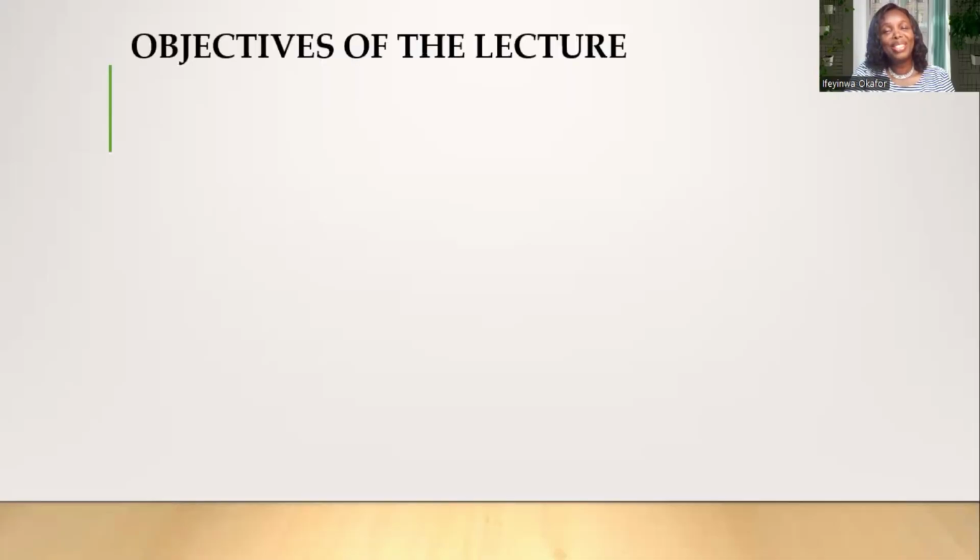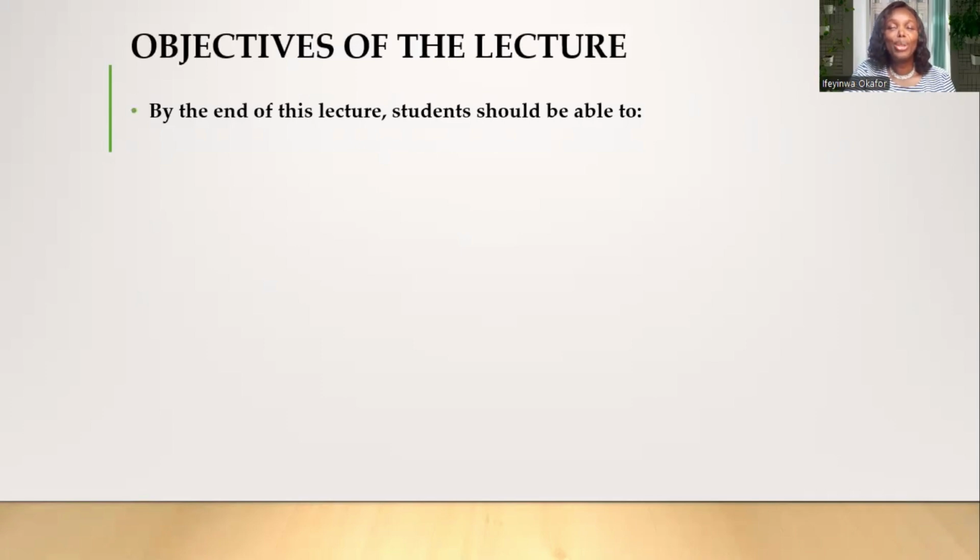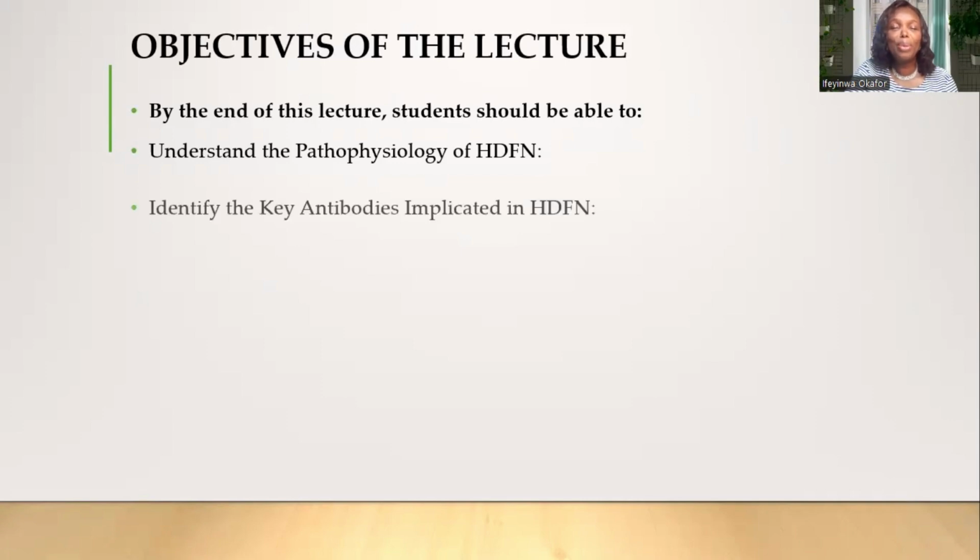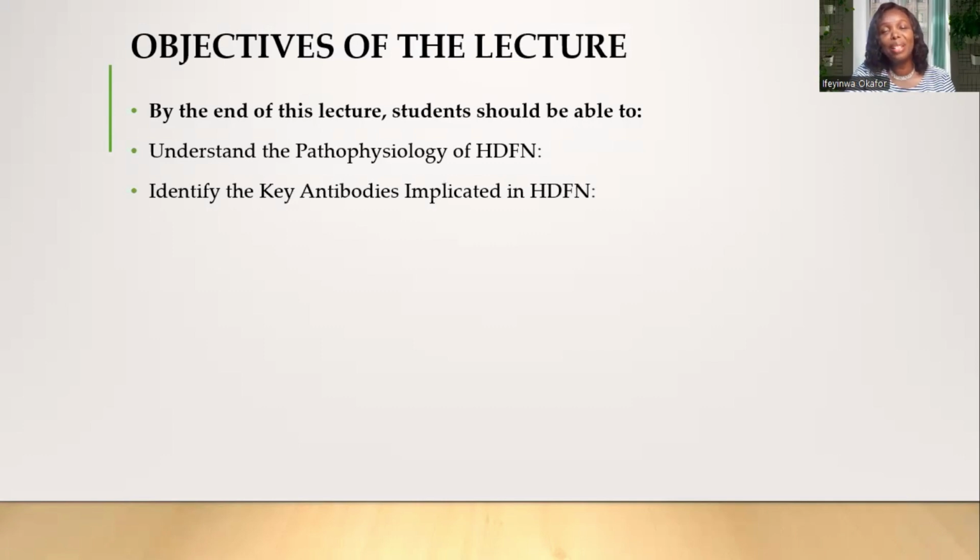Objectives of this lecture. It is expected that at the end of this lecture, you should be able to understand the pathophysiology of hemolytic disease of the fetus and the newborn. You should be able to identify the key antibodies implicated in this disease.